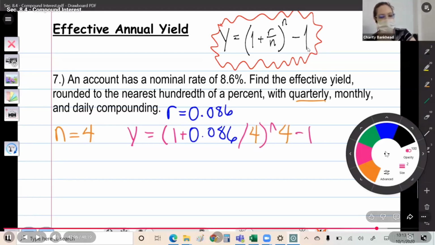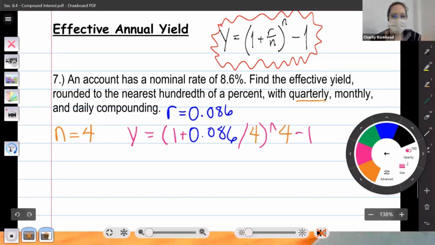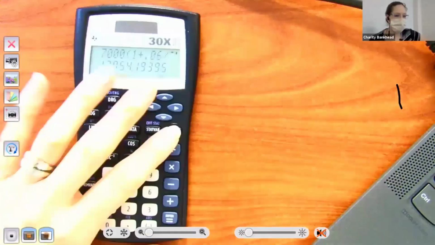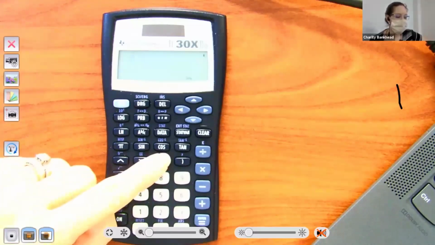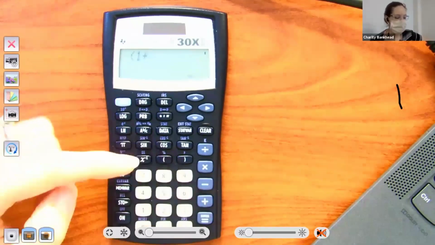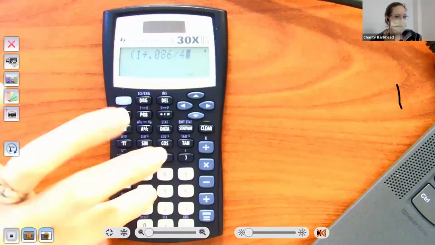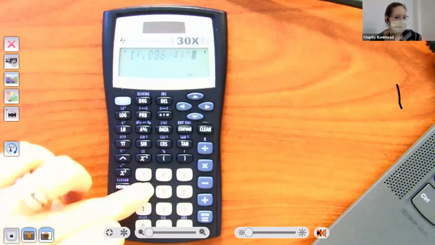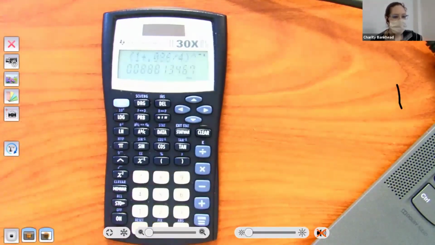So if you have another type of calculator that has the more what they call natural display, you may need to make sure that you use your arrow key to the right to get off of the exponent before putting in the minus 1. All right, so open parentheses, 1 plus 0.086 divided by 4, close parentheses, to the power of 4, and then minus 1.